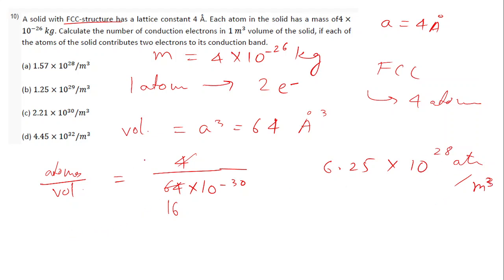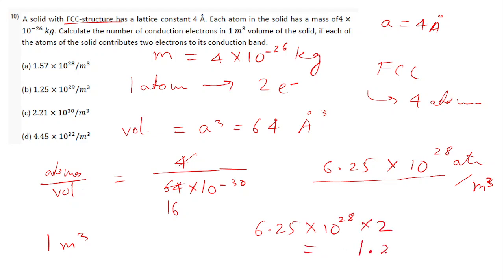So each atom, we have been told, contributes 2 electrons. So in 1 meter cube, because atoms per volume is this, we have 6.25 times 10 to the power 28 atoms. And each atom contributes 2 electrons. That means 6.25 times 10 to the power 28 atoms will contribute 6.25 into 10 to the power 28 into 2 electrons.